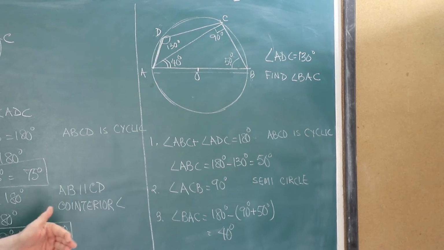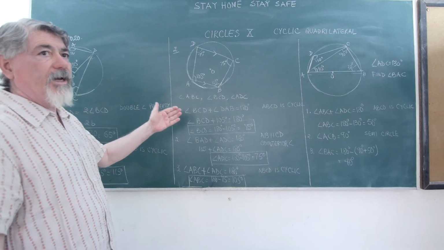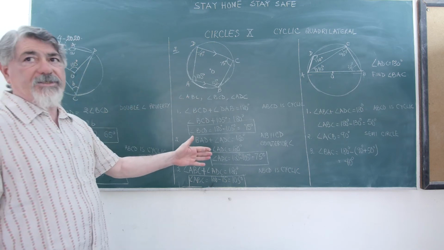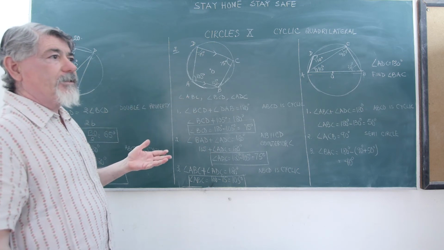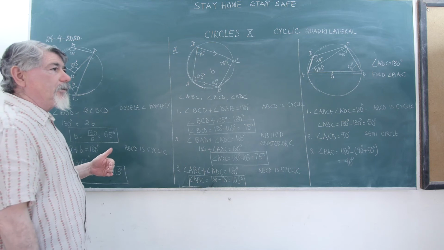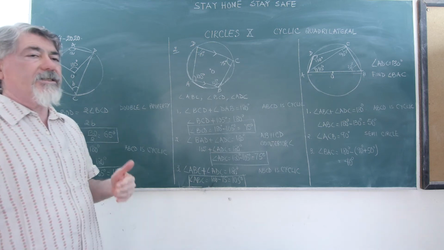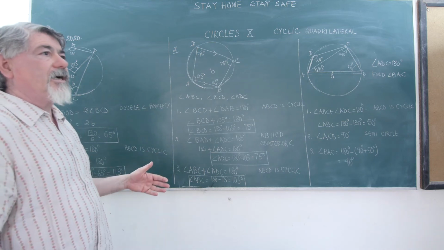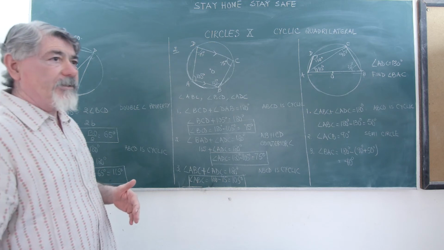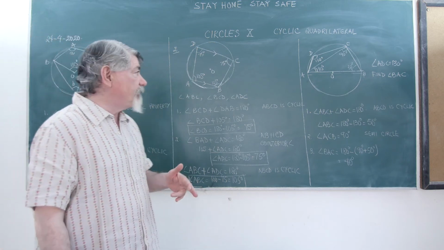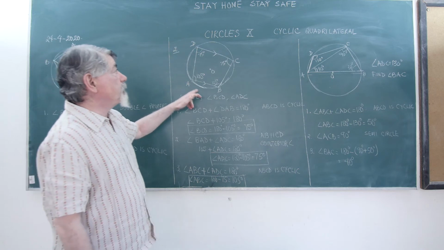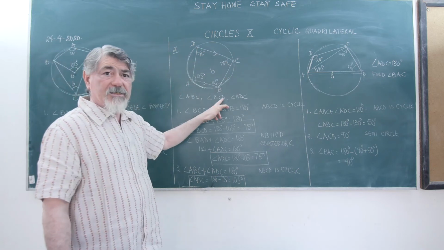So if you look from one to the last, we have applied all the theorems which we have studied. We have studied that the angle subtended by an arc at the center of a circle is double the angle which it subtends at the remaining part of the circumference. We have applied the property that opposite angles of a cyclic quadrilateral are supplementary.